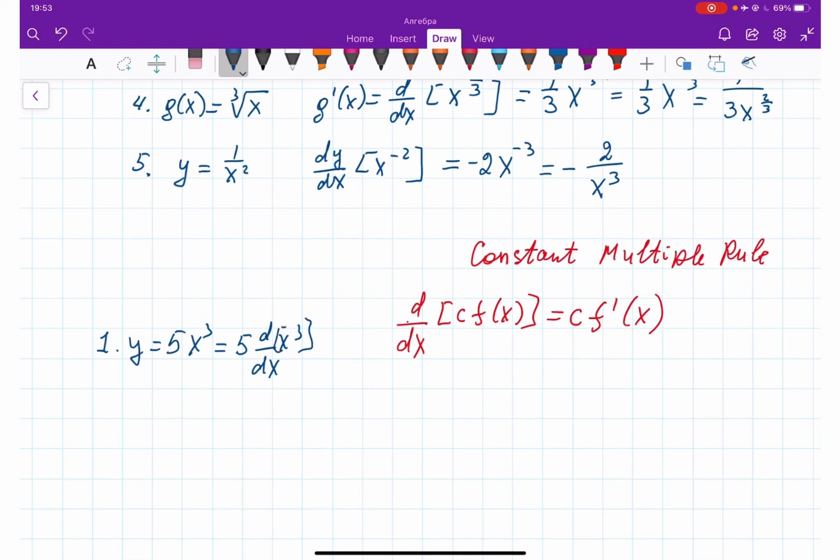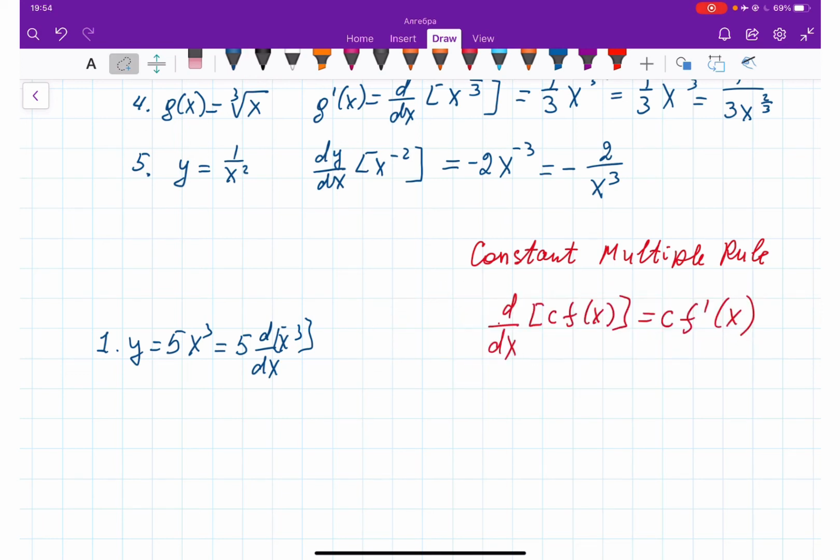Let me rewrite it nicely. So that is going to be equal to 5 stays, 3 comes in front, x, and we have left 2, because 3 minus 1 is 2. And it's equal to 15x squared.